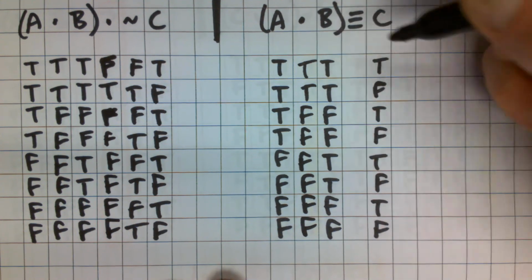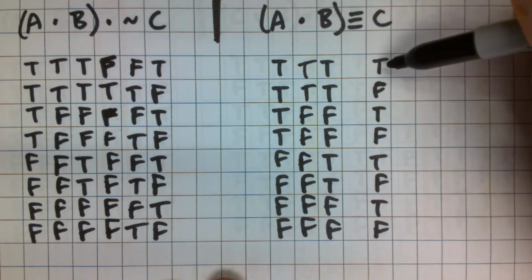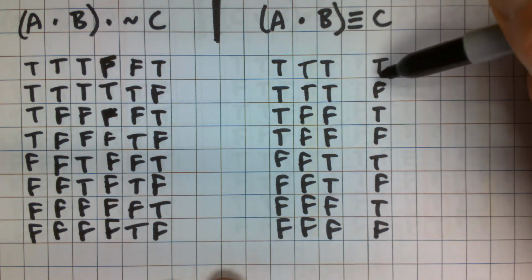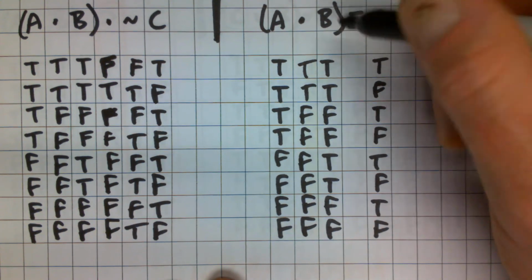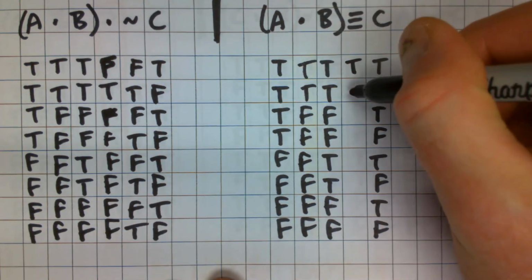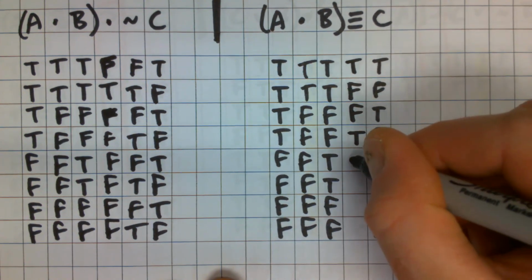And the biconditional is true whenever the propositions it's joining together have the same truth value. So either two trues or two falses. So true and true means true. False and false means true.